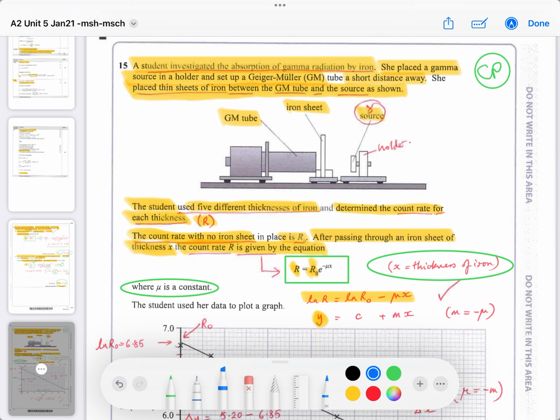I meant blue pen. Okay, so the mu would be the gradient, and it will be negative. The gradient will be negative.